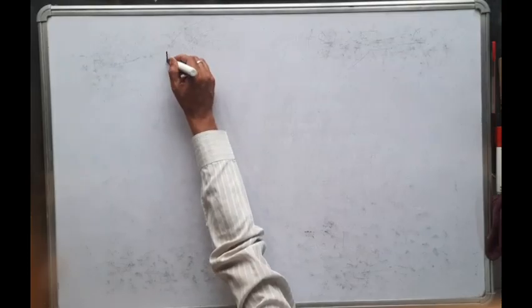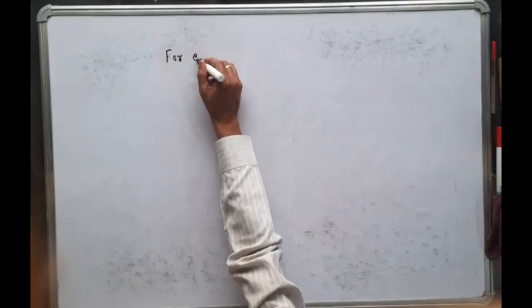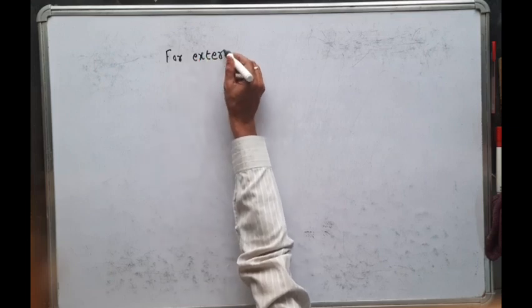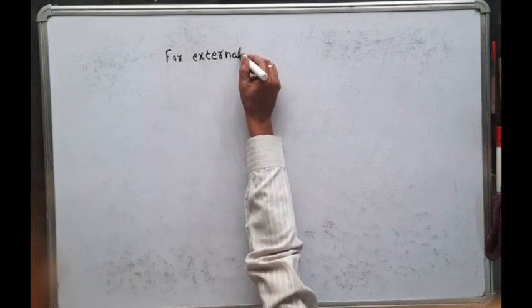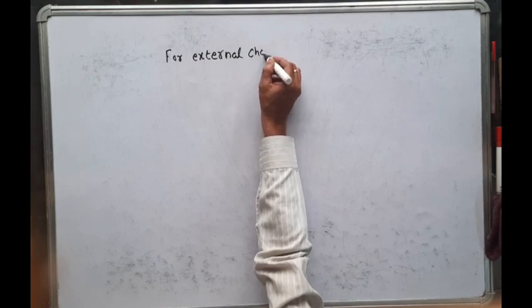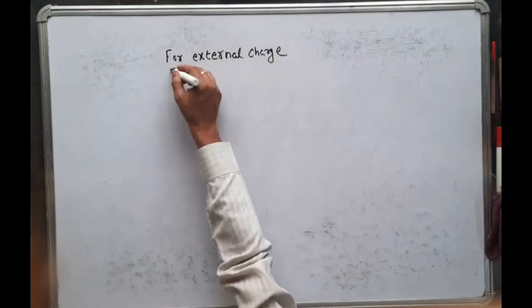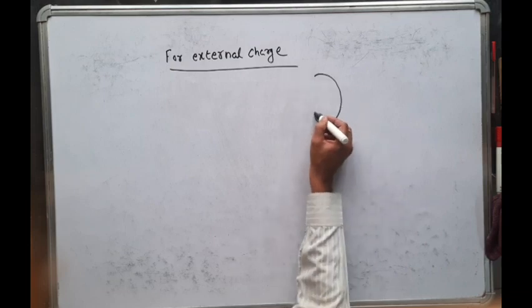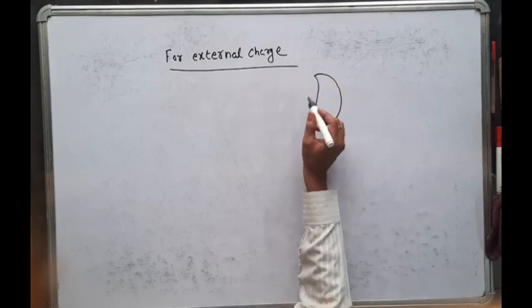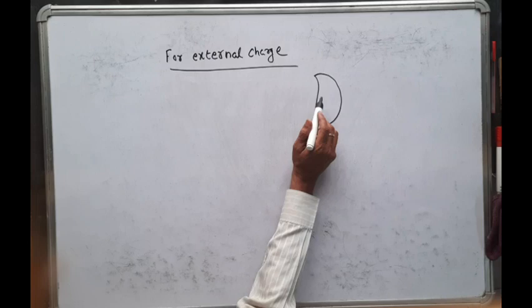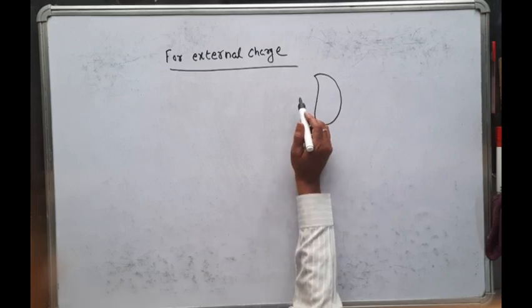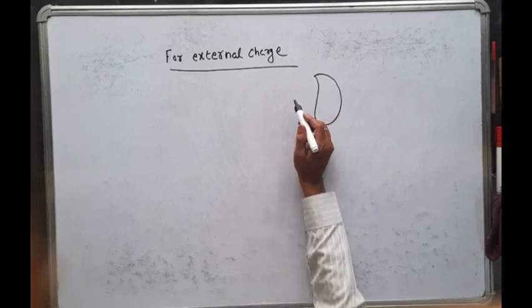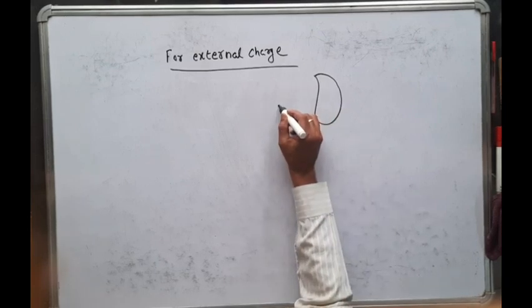See, for an external charge, what is the contribution towards the flux? For an external charge, what is the flux through the surface? Now see, suppose this is a closed surface. I want to find the flux due to an external charge.